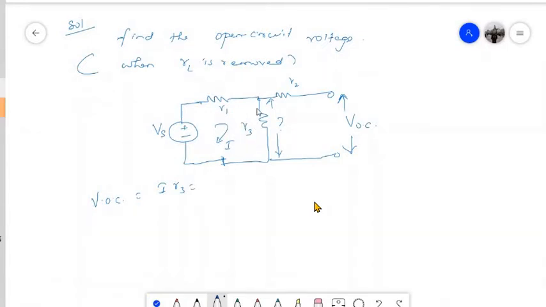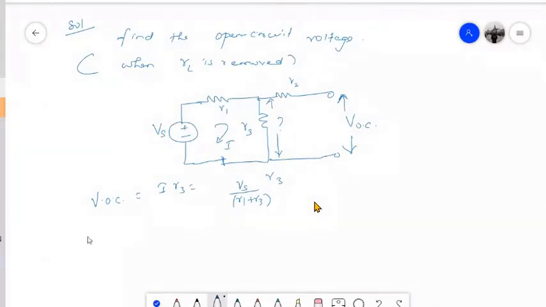This current I that is flowing through this resistance R3 will be nothing but voltage Vs divided by R1 plus R3, because current won't be flowing here because I have actually open circuited this terminal. So if you listen carefully, I have open circuited this terminal, so therefore the current won't be flowing through this path. So ultimately the current I will be nothing but this voltage Vs divided by the total resistance R1 plus R3. Now this will be nothing but the open circuit voltage that I get here.